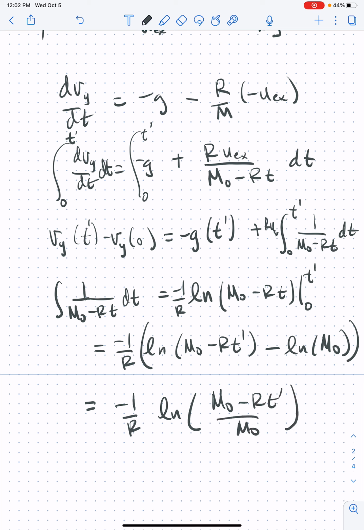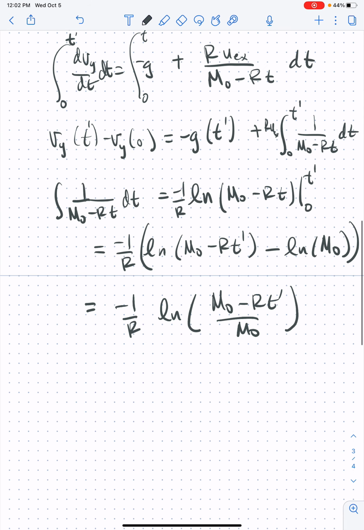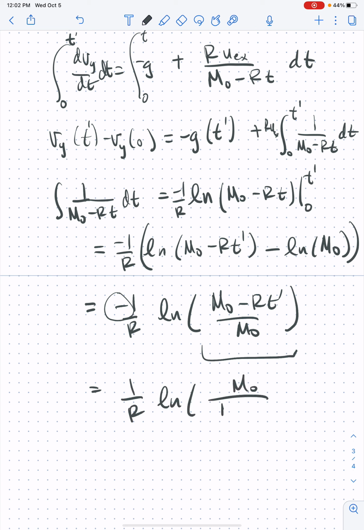There, what's our rule for subtracting logarithms, and then we can turn this fraction upside down if we pull the negative inside. So this is 1 over r log of m naught over (m naught minus r t prime).